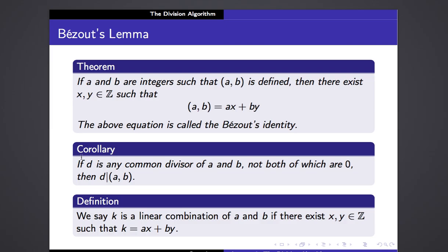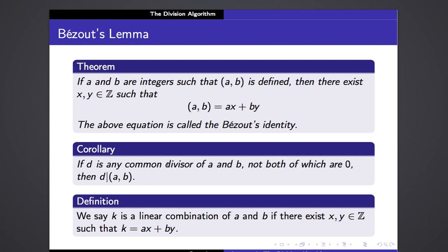Okay, and a corollary: if d is any common divisor of a and b, not both of which are 0, then d divides the greatest common divisor of a and b. This corollary must look familiar to you. In fact, we talked about it in one of my earlier lectures, in my first lecture, I think.